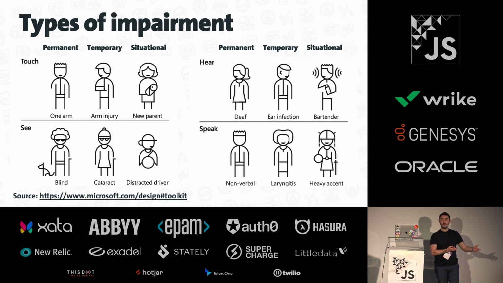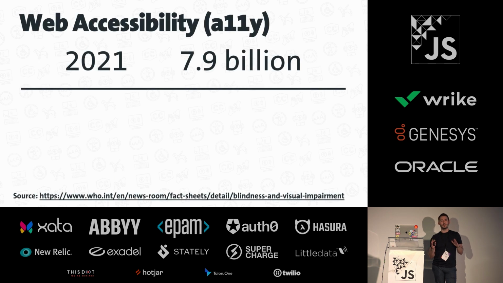So in the case of visually impaired people, permanent is someone who is blind, temporary is someone with an injured eye, like a cataract, or maybe a distracted driver. You're driving, you look to talk to the co-pilot, then you are disabled towards the road. But I'm going to focus on visually impaired people.